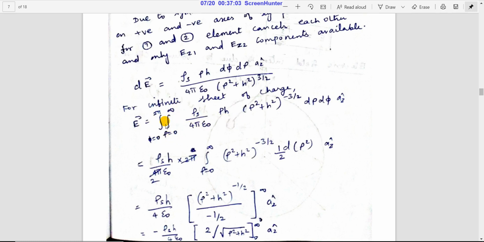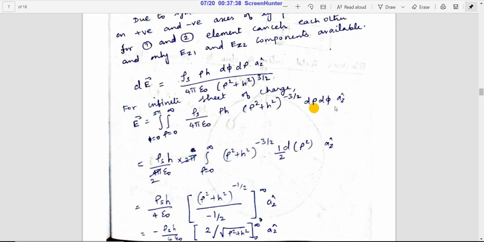So if you are substituting these values and making this denominator term into the numerator, we will be having ρ square plus h square power minus 3 by 2 dρ dφ a_z cap. This ρ_s by 4π ε_0 will be as such. Making this particular constant term outside, ρ_s h divided by 4π ε_0 will be coming.